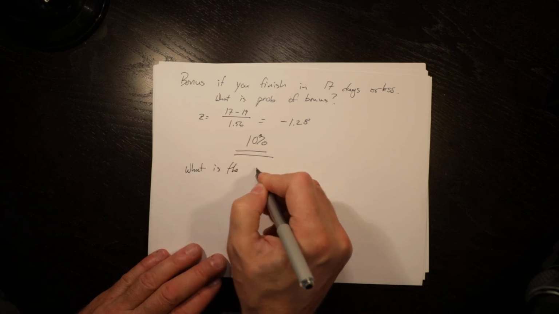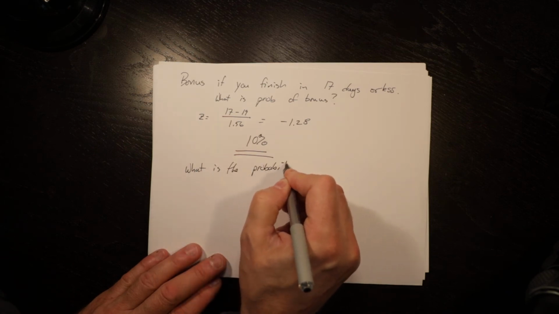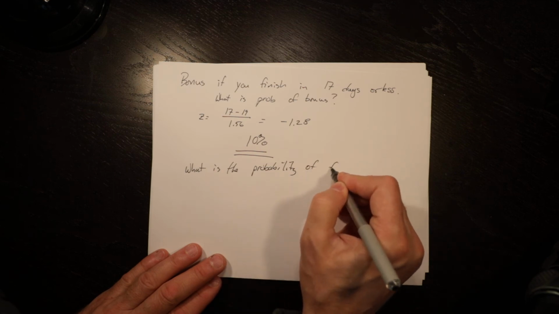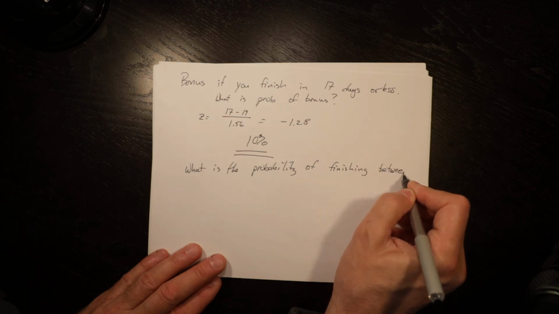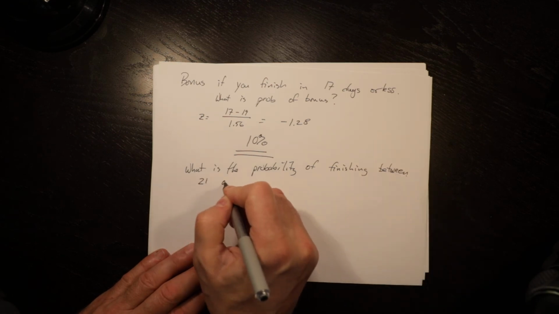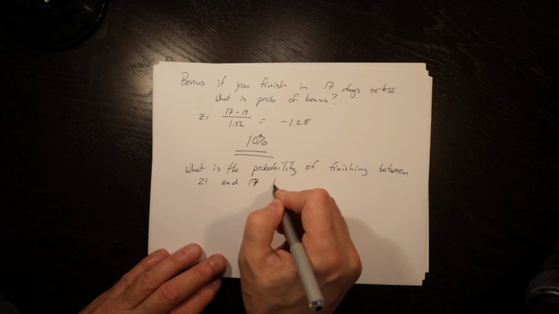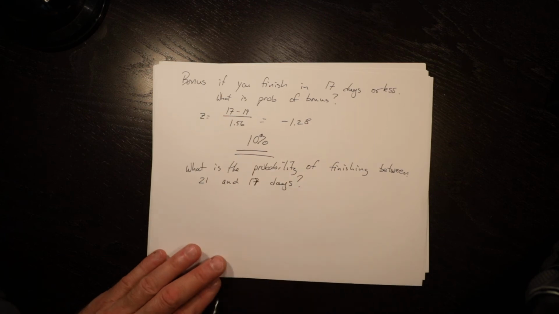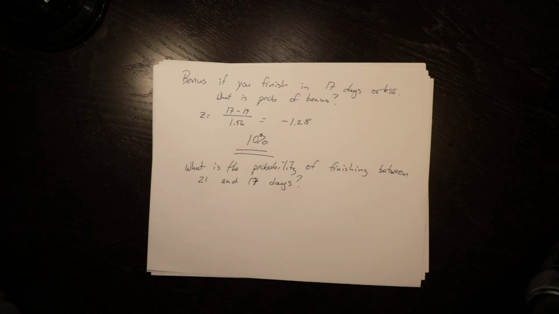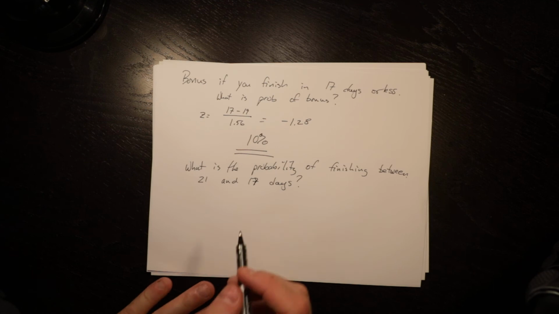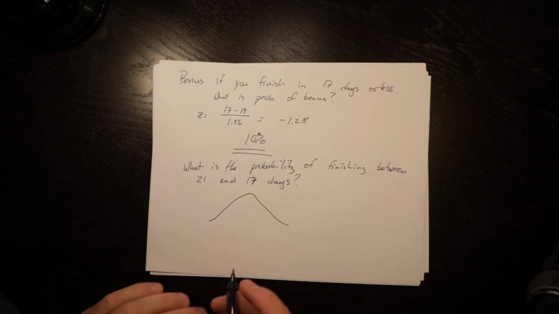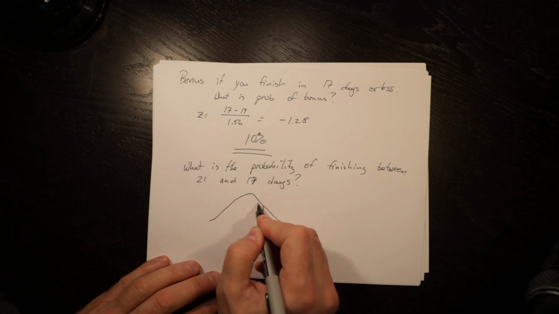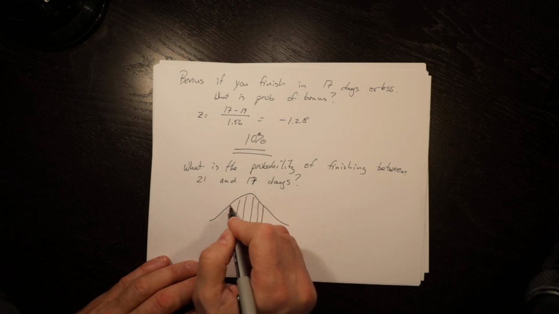What is the probability of finishing between 21 and 17 days? Remember, and I apologize for my normal distributions, 21 was this area.